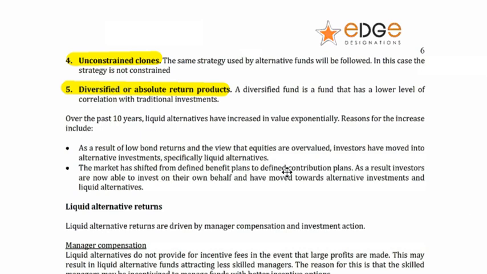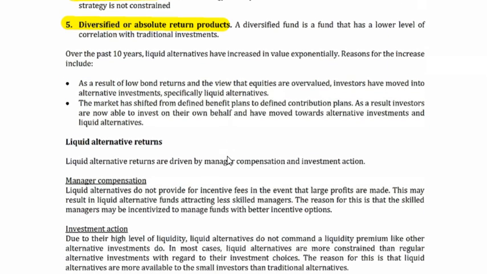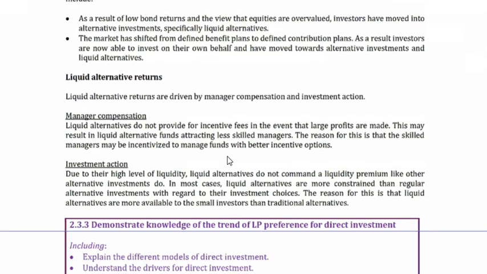Liquid alternatives have grown over the past period, and why is that so? Generally we've seen low bond returns, and people are finding equities to be slightly overvalued, but they still want the liquidity characteristics of equities and fixed income. So if you can offer them liquid alternatives, you are offering them something they are looking for.